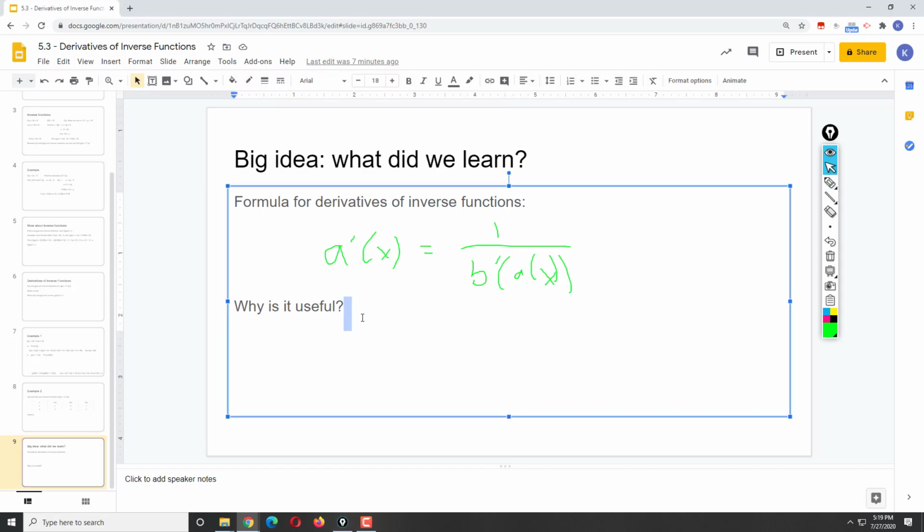Well, it's useful because we can find, say, a prime of 5 without knowing what a prime of x is, as long as we can figure out b prime of a of 5. So if we know a of 5, and let's say a of 5 is 3, and then we know b prime of 3, we can figure out a prime of 5 without calculating the derivative a prime of x.